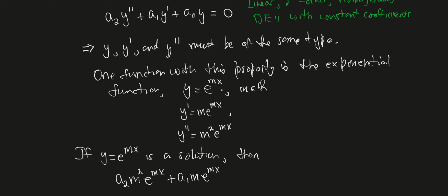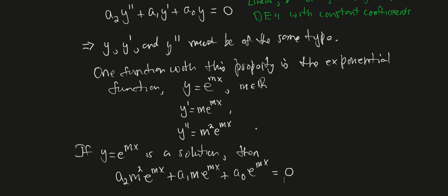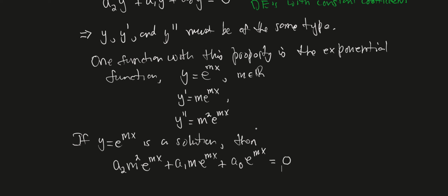It was sort of my educated guess, thinking, okay, because of the pattern that I see here in my differential equation, only a certain type of function could possibly satisfy it, right? So I'm going to take my y, which was my original guess, and plug it in there. So I'll have plus a sub 0 and then e to the mx. But again, if this function is going to satisfy the differential equation, this whole thing has to be equal to 0. Right?